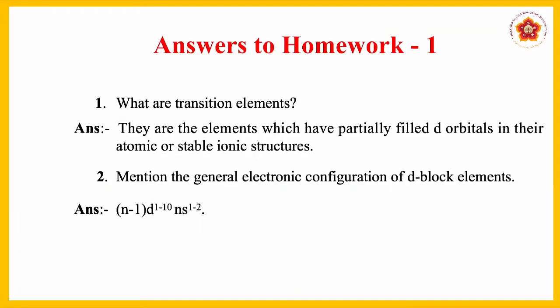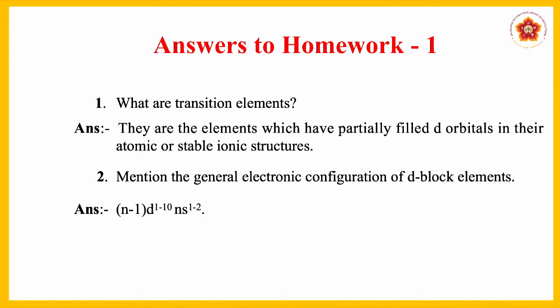What are transition elements? We have already discussed earlier that D block elements come under transition elements, but the last group, which comprises zinc, cadmium, mercury, we do not call transition elements because they have a fully filled D orbital: 3d10, 4d10, 5d10.